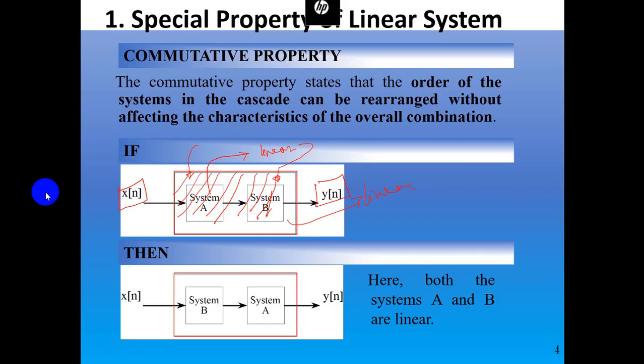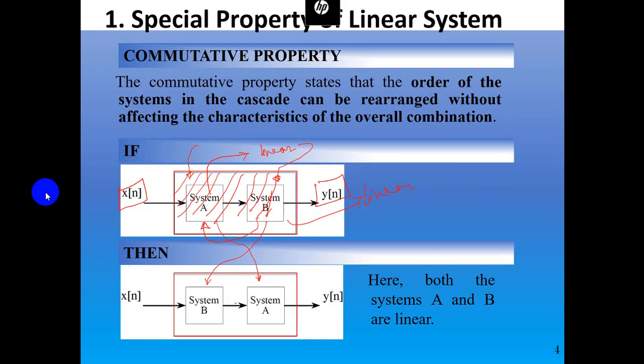If you swap the position, that means bring B at the position of A, as you can see, B is taken first and A is taken at the second stage. In this case, output of B, have a look, here output of B was y of n.